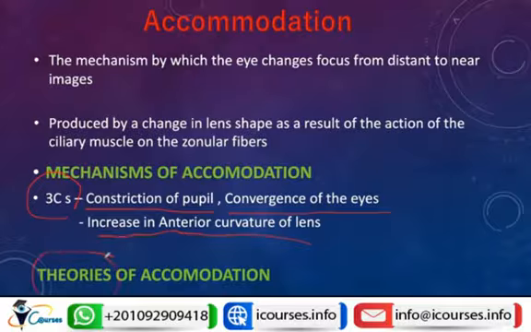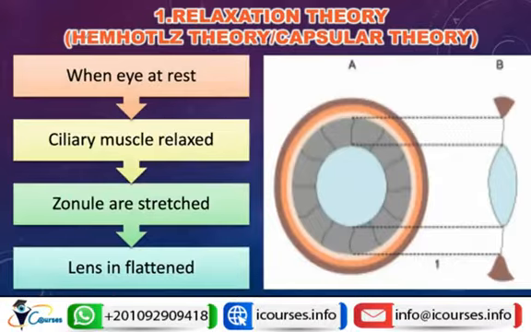So back to theories again. Since we say theories, we don't have an actual explanation. The first one is called the relaxation theory, suggested by Helmholtz. The Helmholtz theory, or capsular theory, suggests that when the eye is at rest, the ciliary muscle is relaxed.